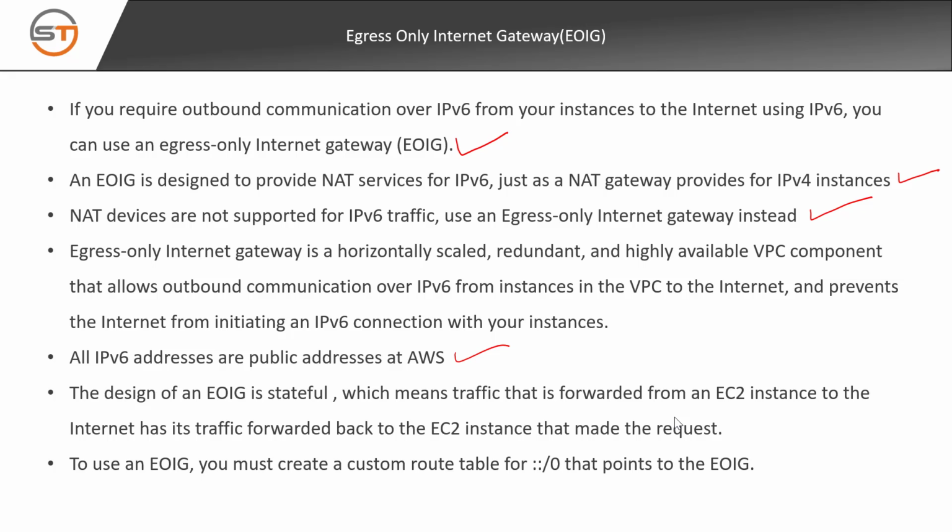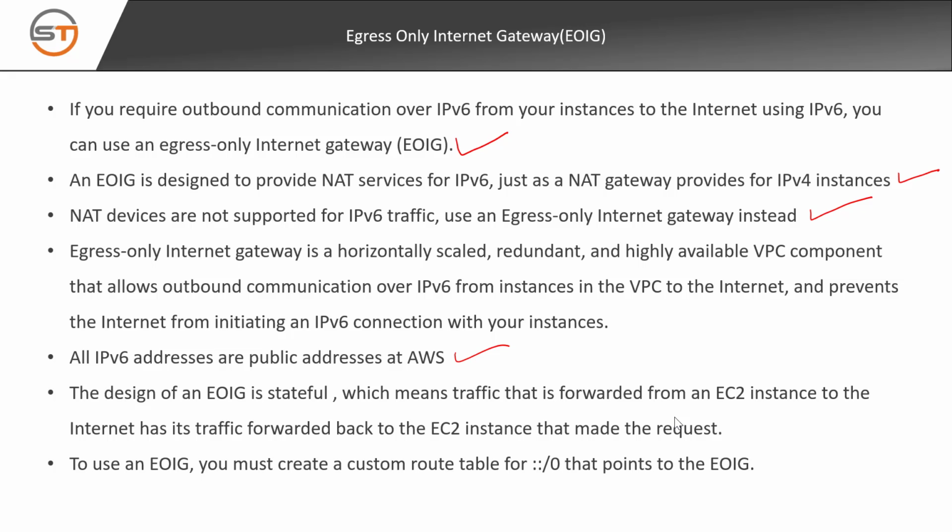So we can initiate traffic from the EC2 instance to the internet, and the internet can initiate traffic to the EC2 instance. So it's two-way communication, but the egress only internet gateway is a one-way communication from your EC2 instance to the internet. The reverse is not allowed. And egress only gateway supports IPv6 addresses only, and internet gateway supports both.